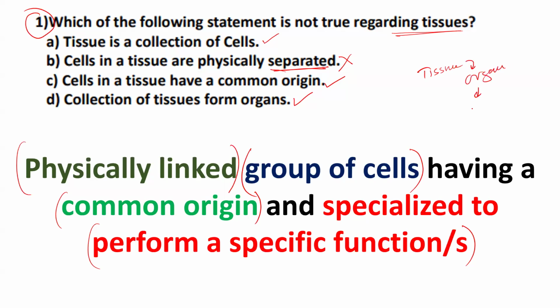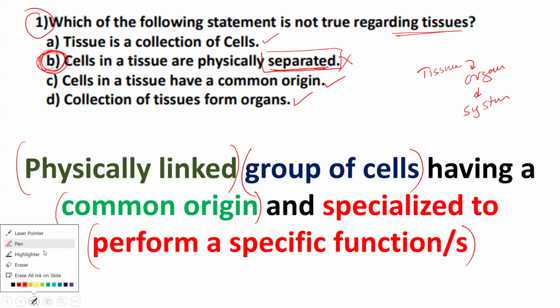Organs join together to form the organ system. So here the totally wrong answer is physically separated. It should be physically linked or physically connected. So they're asking for the false one, or which is not true regarding tissues. Answer B.